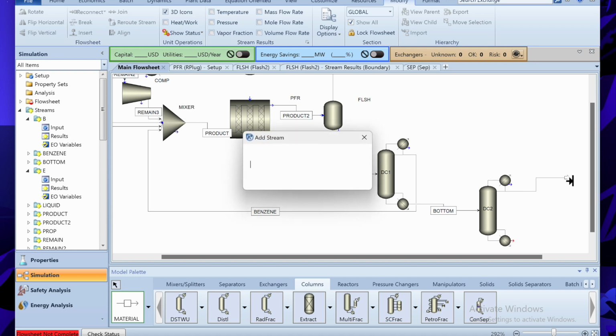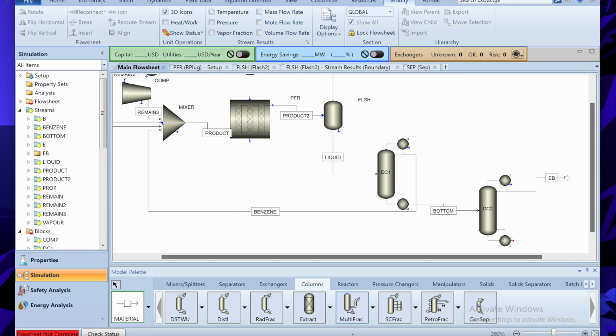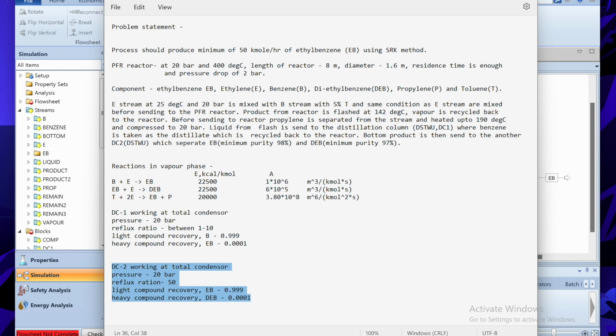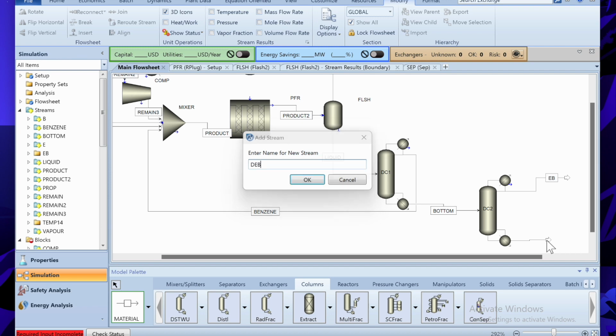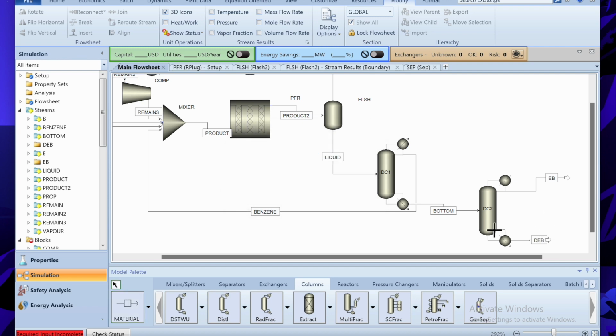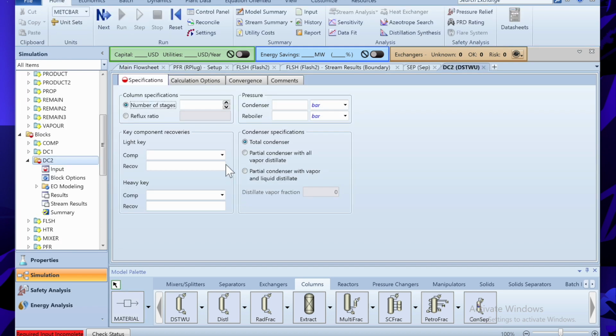Your light component is ethylbenzene, correct, let me check. Yes, and your heavy component is DEB. So reflux ratio is 50.